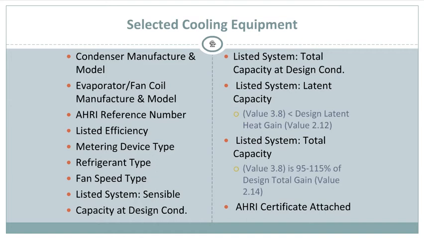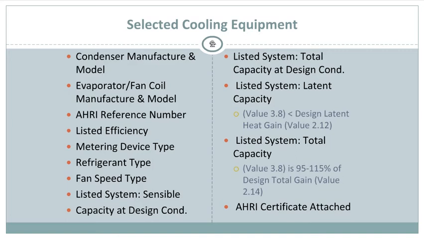For electric coolers and heating, they're going to talk about HSPFs, EERs, and SEERs. And this is just an electrical rating system of what the output of that unit will be. The bigger the SEER is, the more the unit's going to be able to produce in heating and cooling.